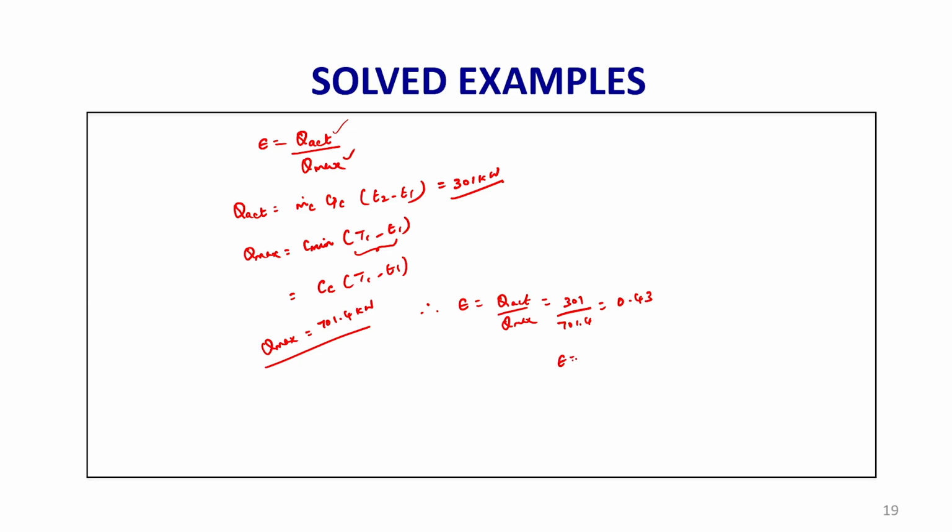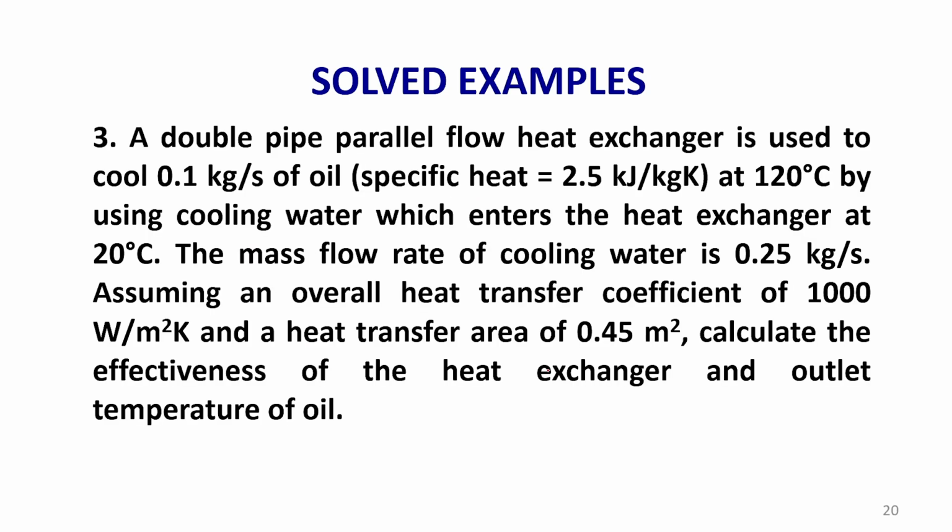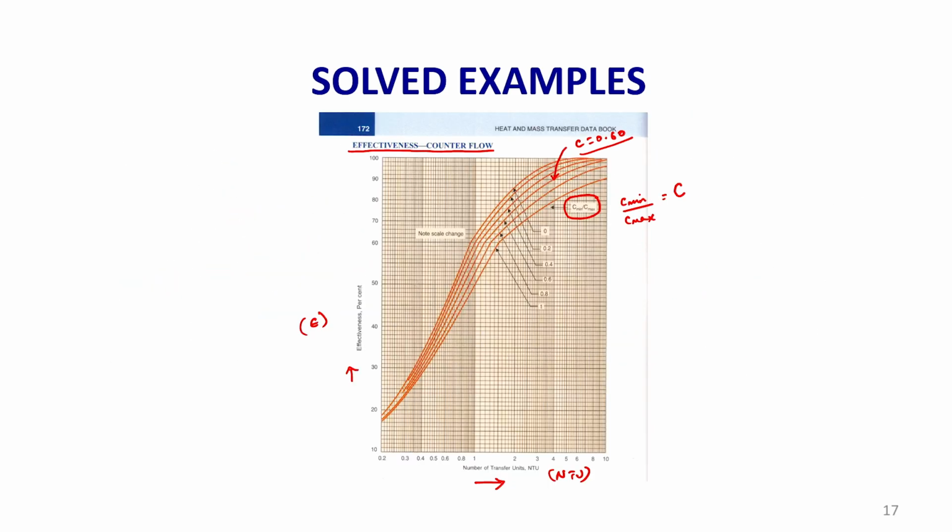So epsilon is equal to 0.43. Now I am going to use the chart. 0.43 is nothing but 43 percentage.